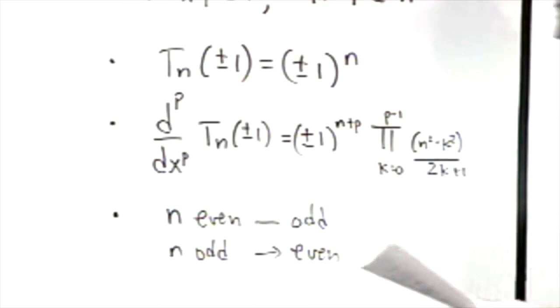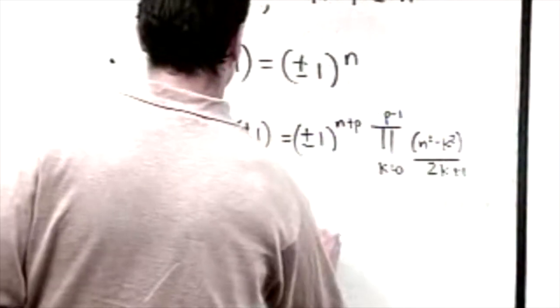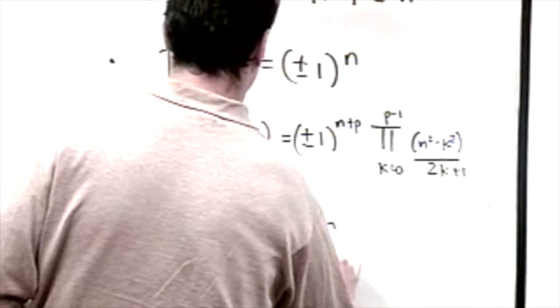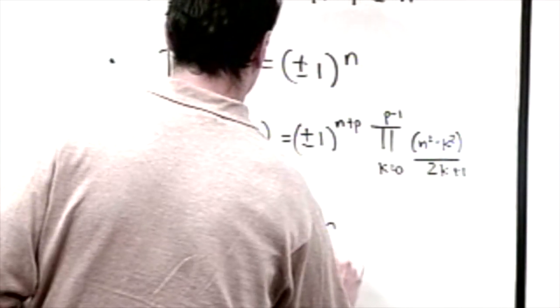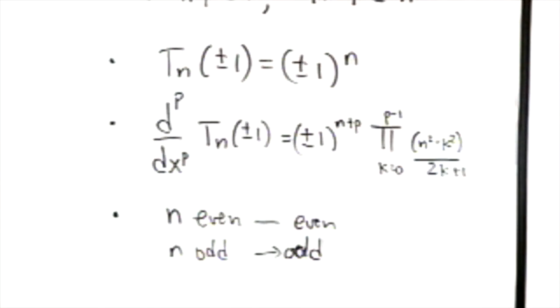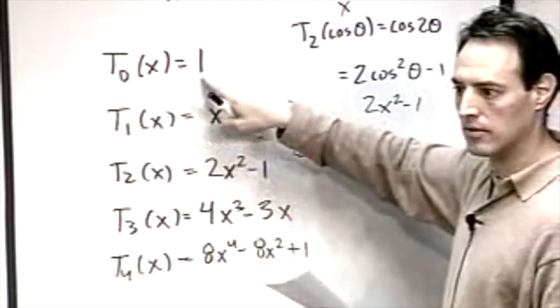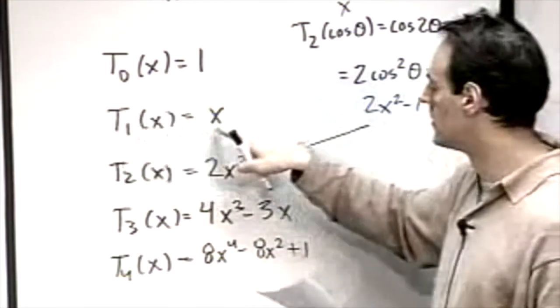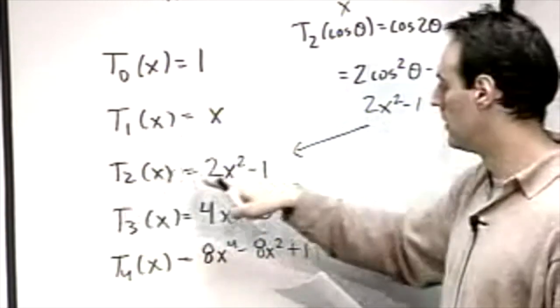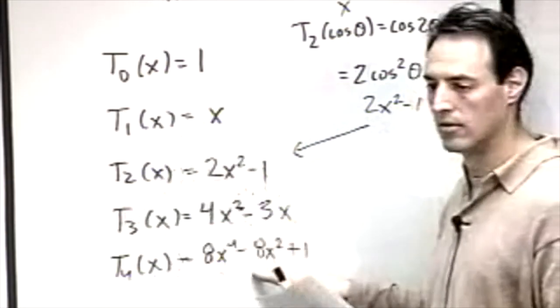Oh, sorry. If n is even, it's even. If n is odd, it's odd. Okay? N is even here, 0. This function is even. N is odd, odd. Even, even, odd, odd, even, even.